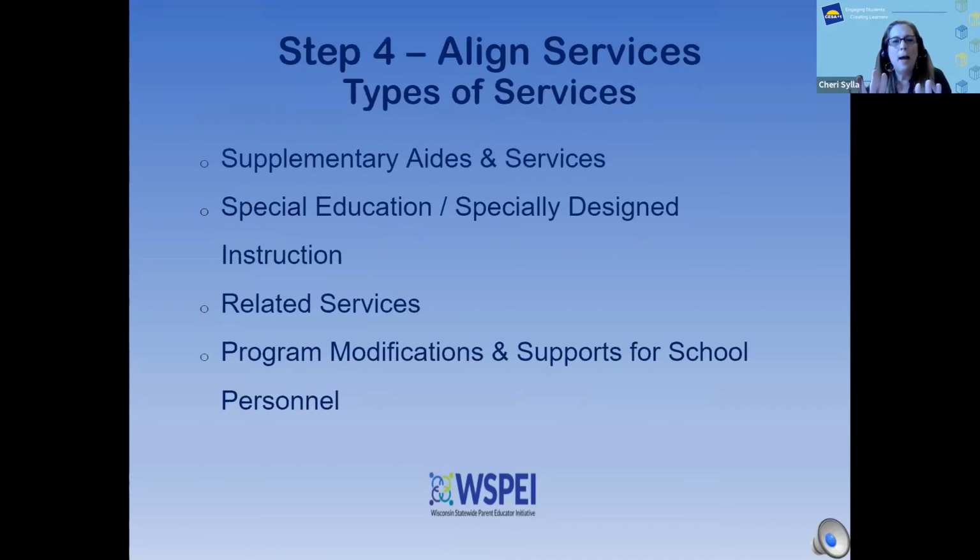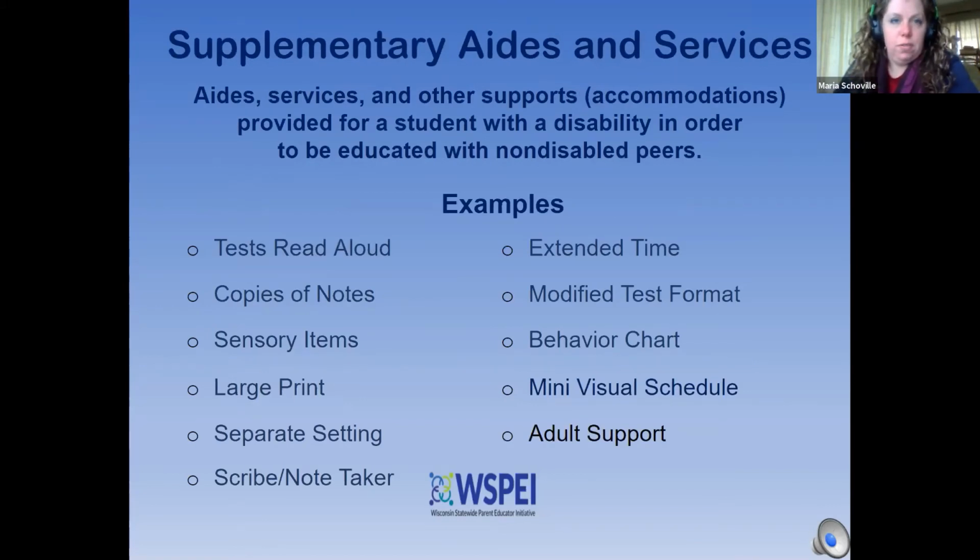So there are 4 types. We're going to talk about supplementary aids and services, specially designed instruction and special ed related services, and then the program modifications and supports for school personnel. And these will start on page 12 of that sample IEP. Excellent. Yeah, this is the fun stuff.